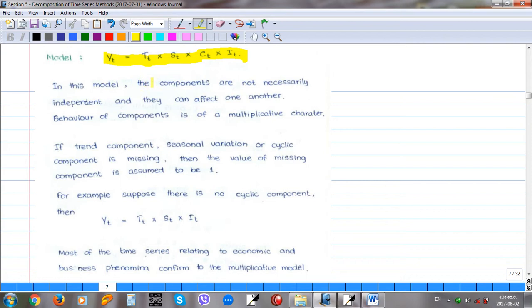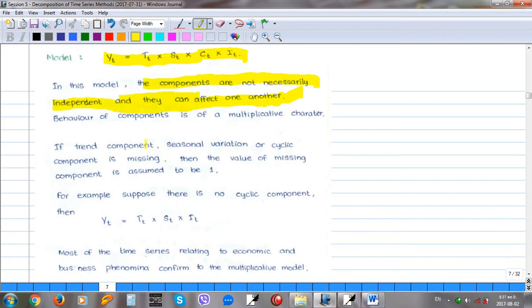In this model the components are not necessarily independent, and they can affect one another, but in the additive model they are independent.